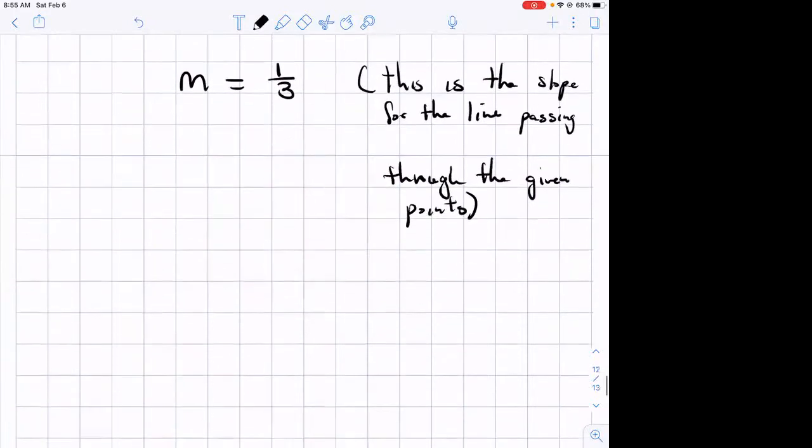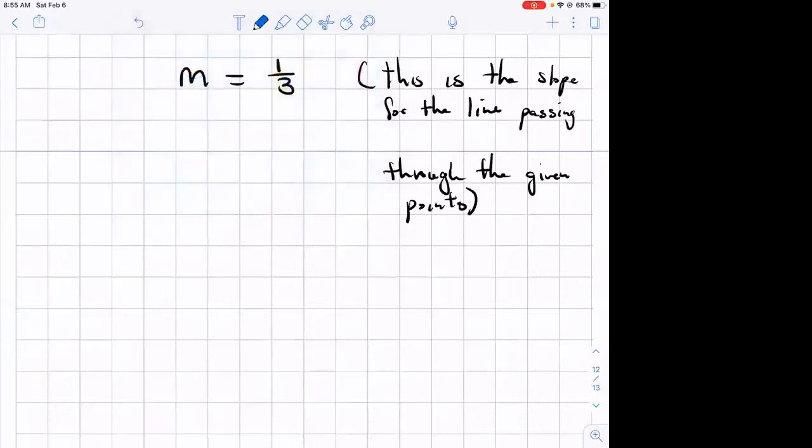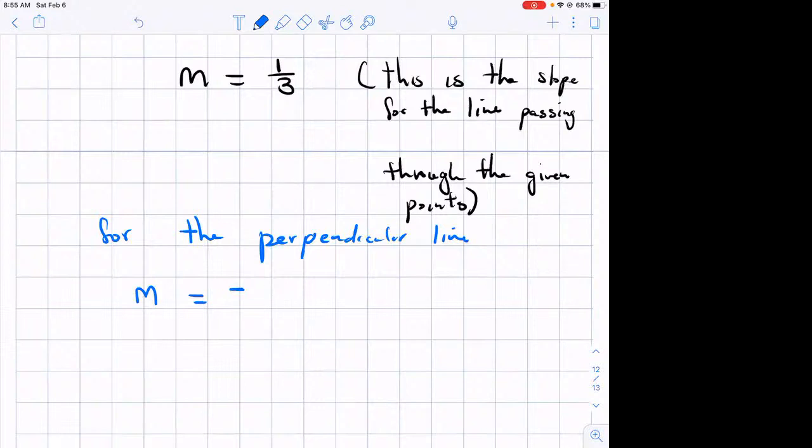Okay? But for the perpendicular line, m will be equal to negative times the reciprocal, so 1 over 3 becomes 3 over 1.